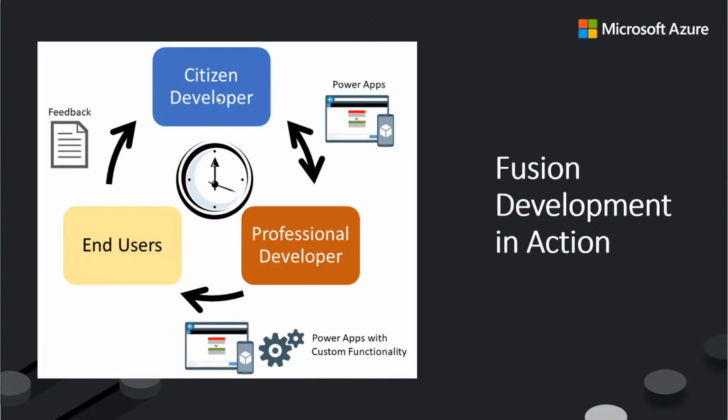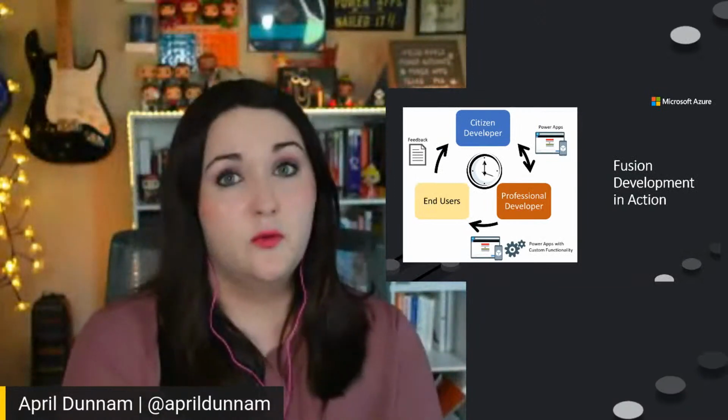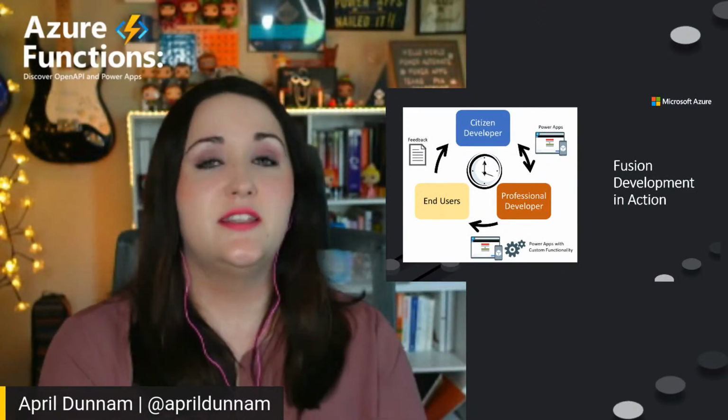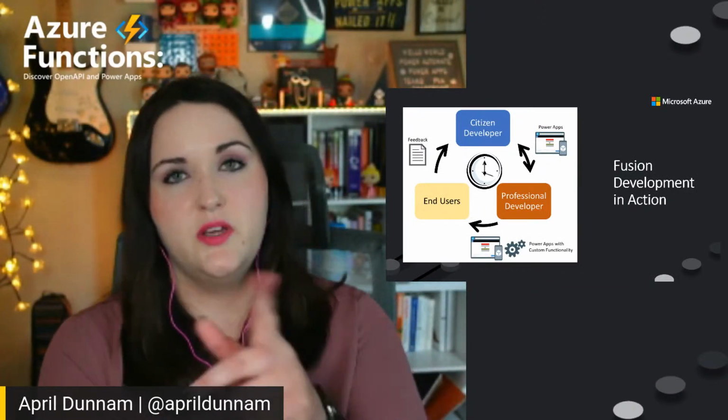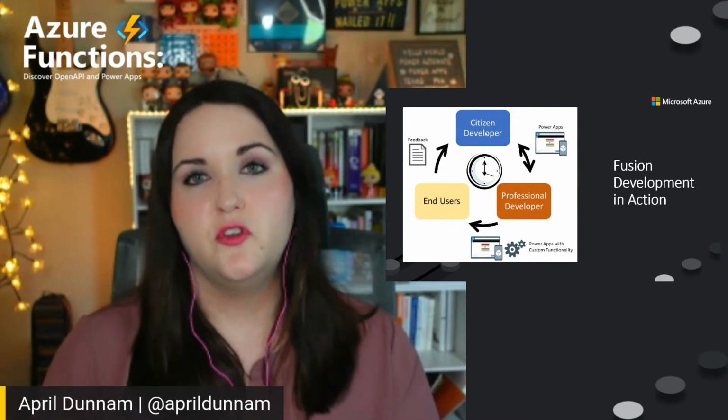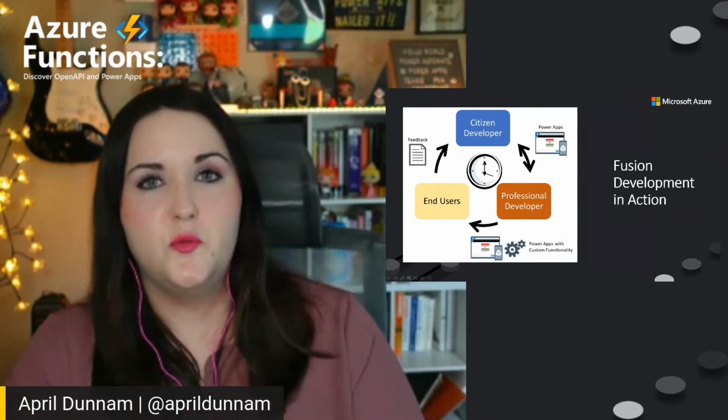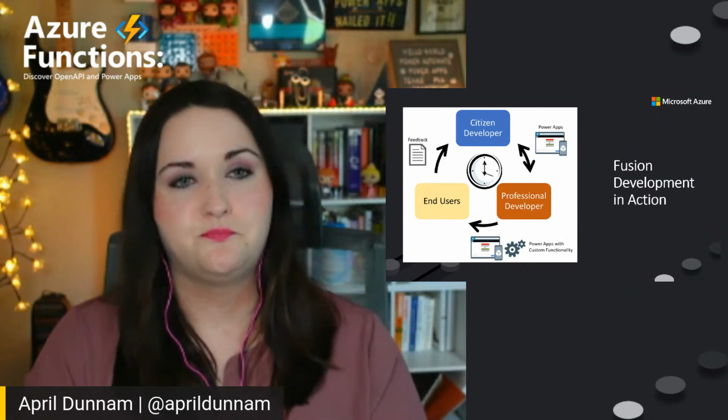The pro dev can add custom functionality, whether it's integrating with external or internal services via APIs, or adding functionality the app doesn't have but needs, like custom controls. And then the end user, which oftentimes is the citizen dev itself, can be involved in that feedback loop. It's a really collaborative process to make application development faster.